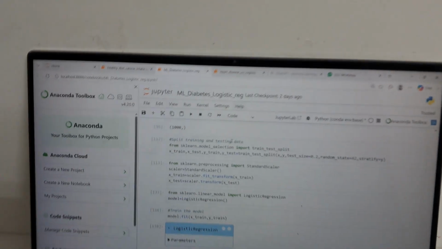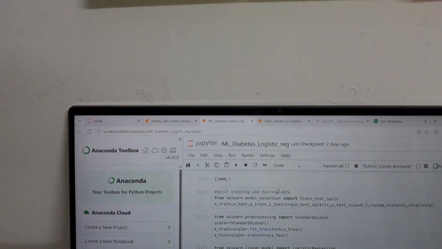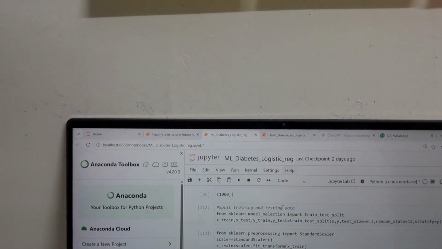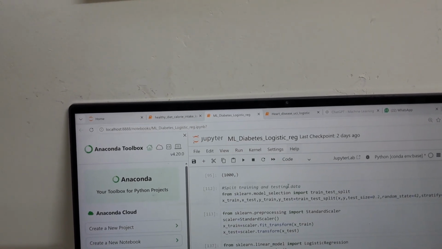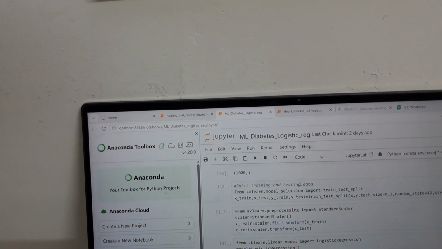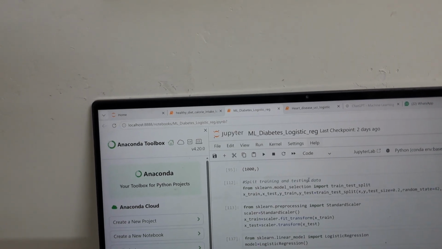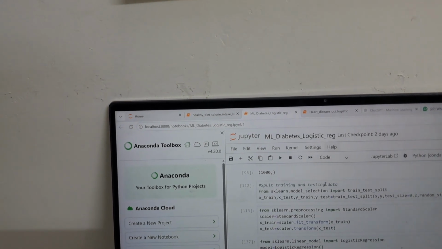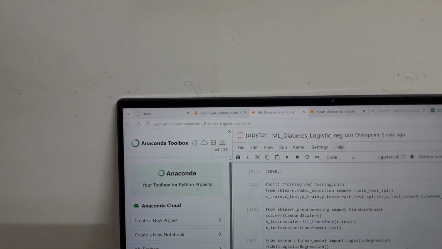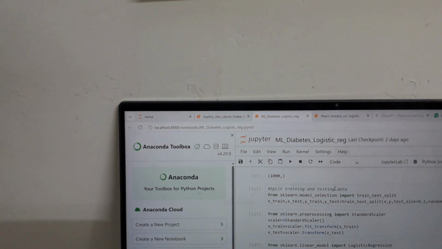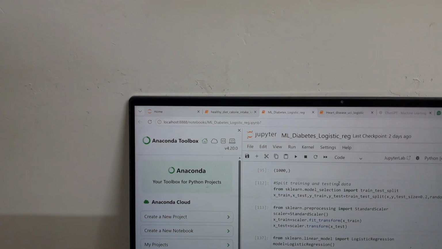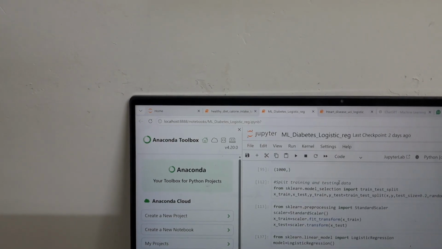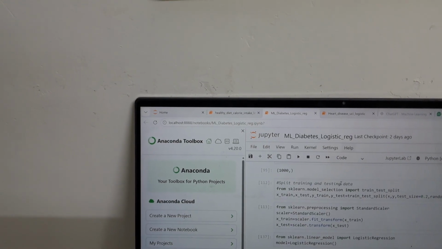For example, if in that 80% data the ratio of diabetic to non-diabetic is 3:1, for every 3 diabetic patients there is 1 non-diabetic patient, then in that 20% testing data also, the ratio must be 3:1.